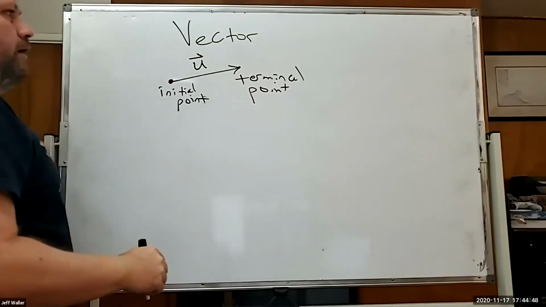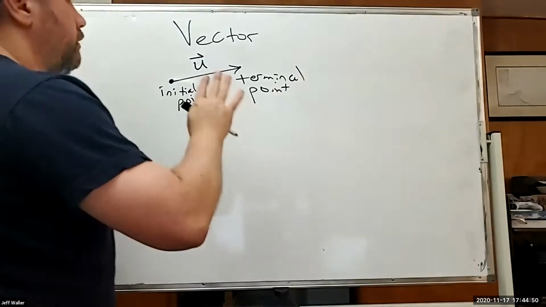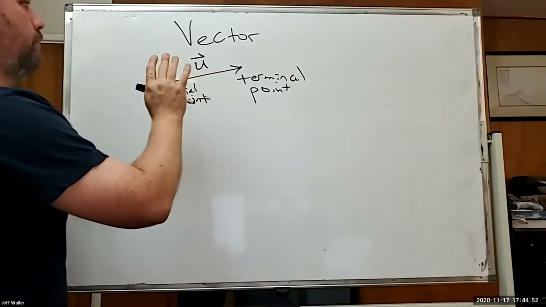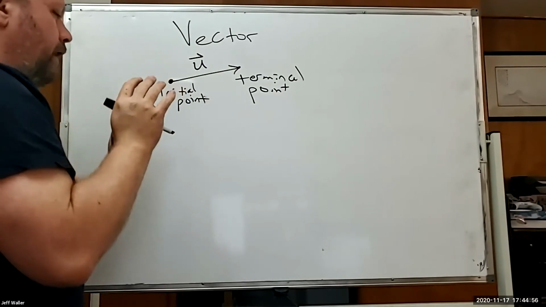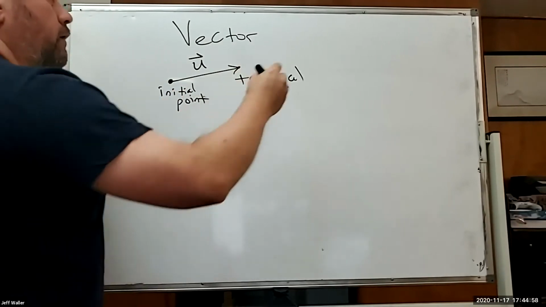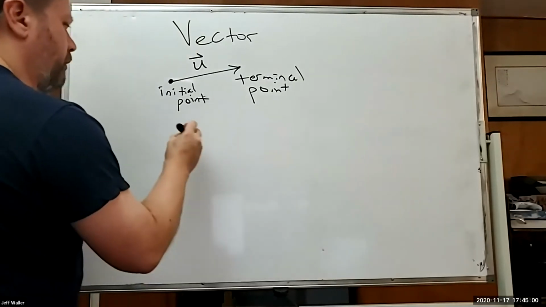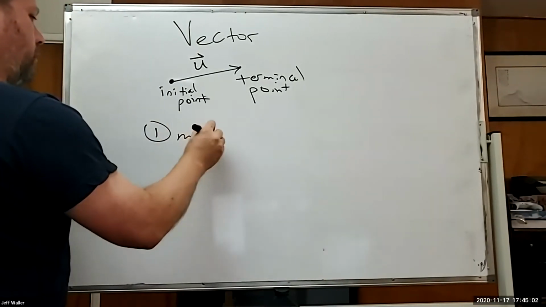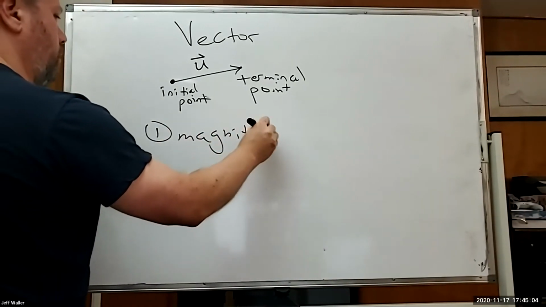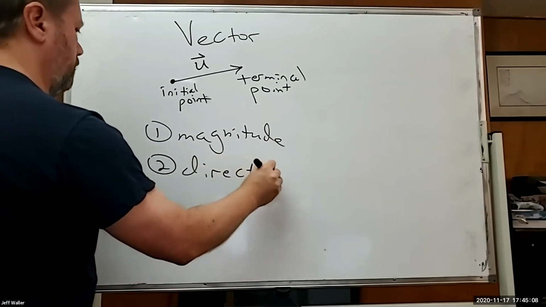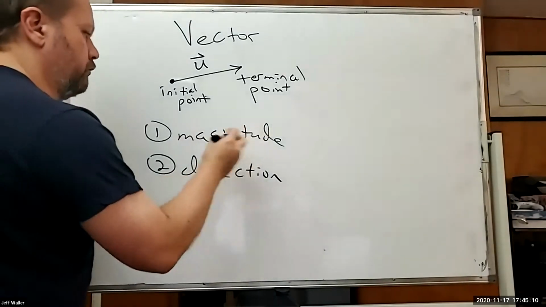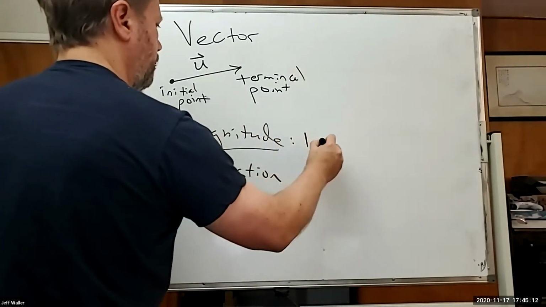All right. So there's two identifying aspects to a vector. And these are going to feel very familiar. There's the magnitude and the direction. So magnitude is really another name for length.